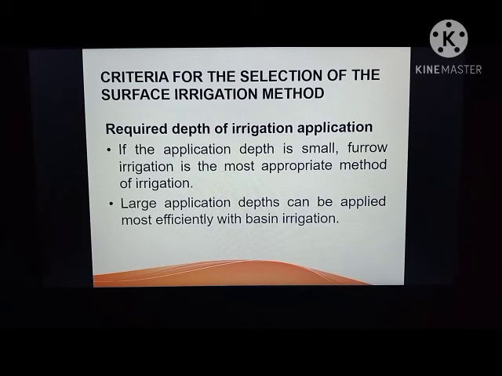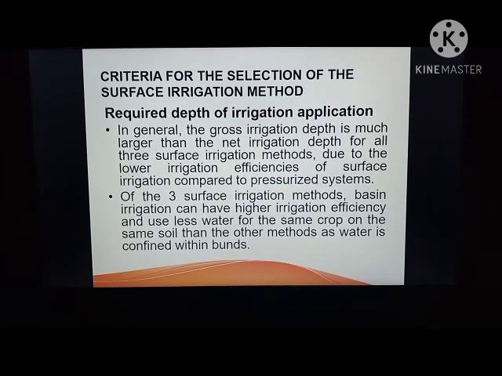If we are going to use a large application of water, we use the basin irrigation method. Of the 3 surface irrigation methods, basin irrigation can have higher irrigation efficiency and use less water for the same crop on the same soil than the other methods, as water is confined within bands.